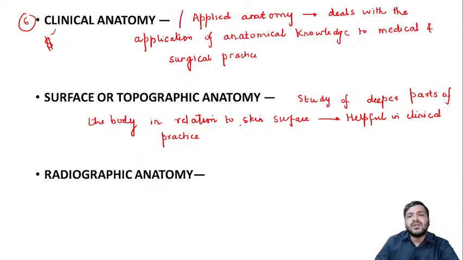So surface or topographic anatomy studies the deeper parts of the body in reference to the skin surface. Whenever we dissect, we first make a cut or incision on the skin surface, and then we move on to the internal organs of the body, and that is actually helpful in clinical practice as well.